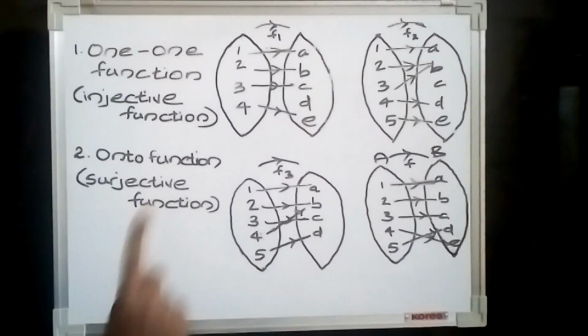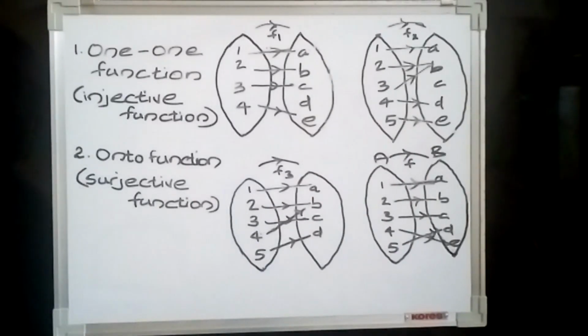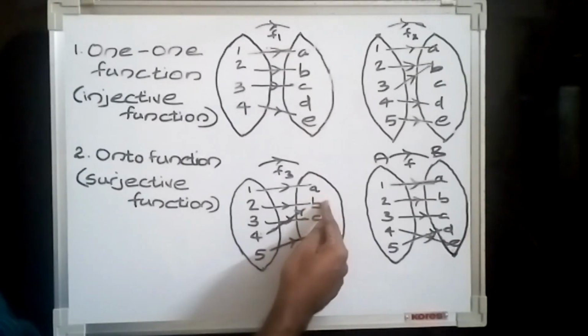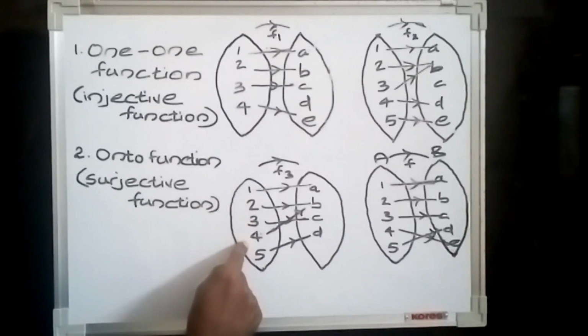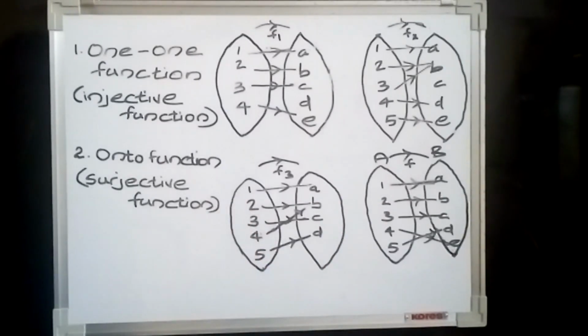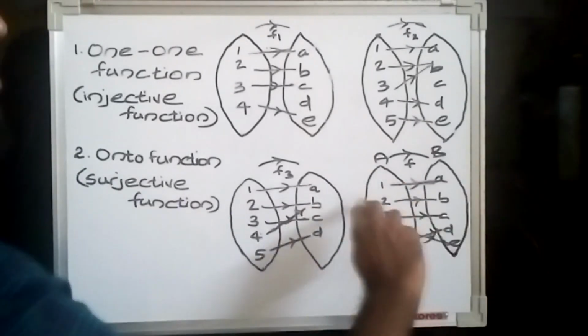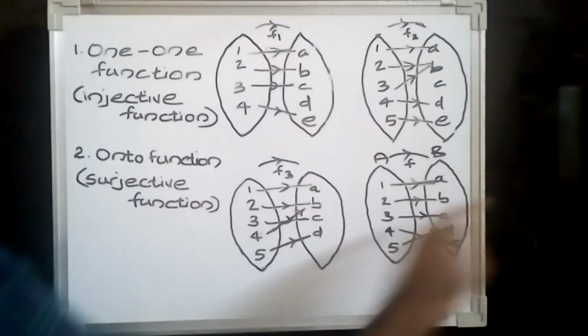f3 is also not 1-1. Why? f3 is not 1-1 because the element b here has two pre-images, 2 and 4, in the first set. What about the last function f? It is clearly 1-1. 1 is related only to 1.